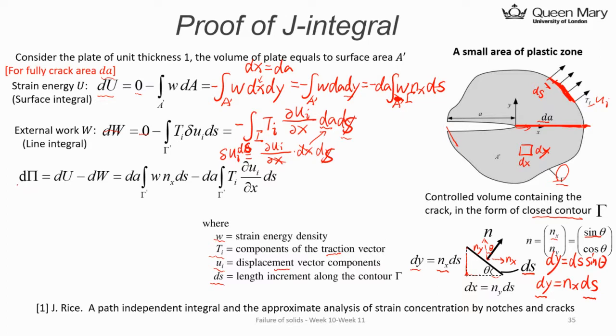So now, if you remember, the potential energy is equal to the strain energy minus the external work. So basically, you put this term minus that term. Remember, there's a minus sign in front of them. So in the end, there's a minus sign here. I should put it here. This is wrong. So minus sign here. Put a bracket.